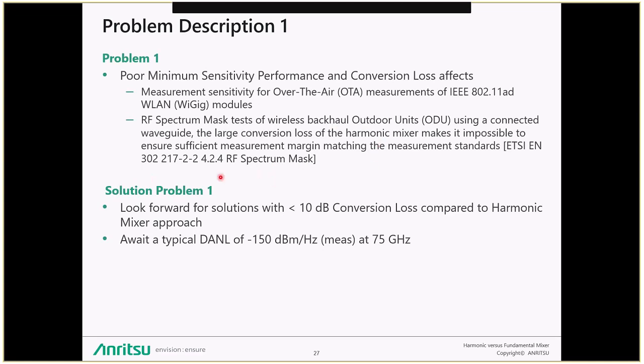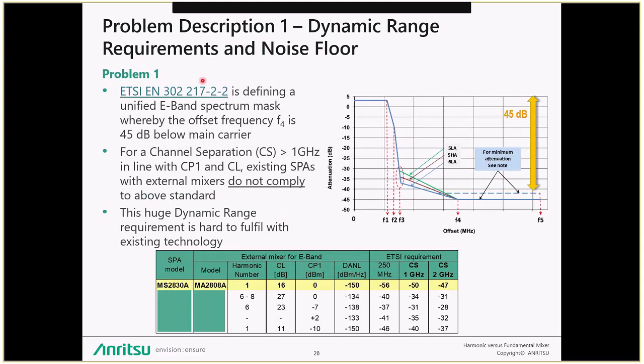So, to try to solve this problem, we need to look for a solution with very low conversion loss, ideally lower than 10 dB, and with a very low DANL, very good sensitivity in terms of noise. So let's put an example, talking again with this standard that is defining the unified band spectrum mask.